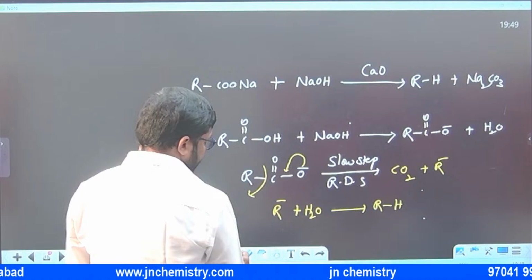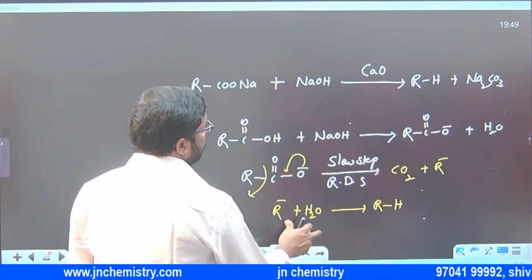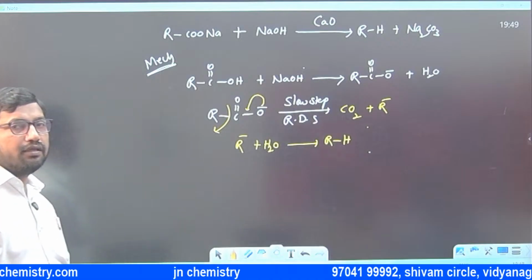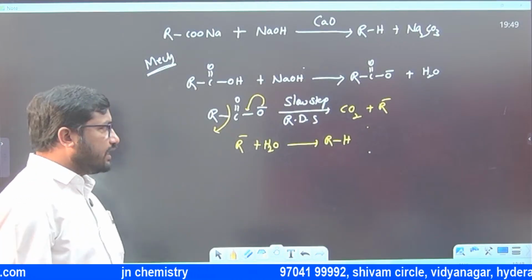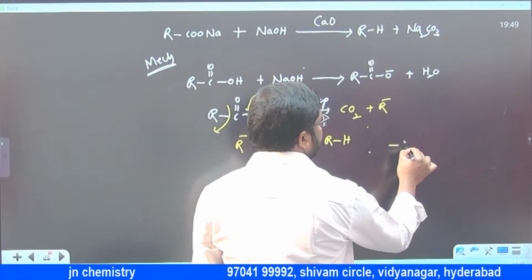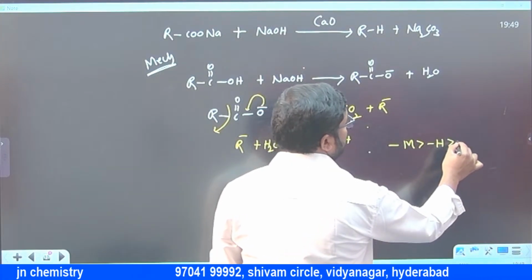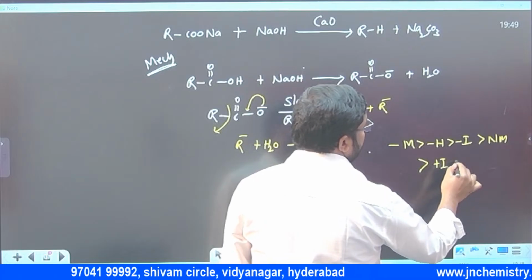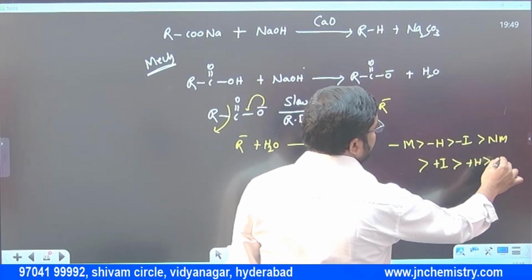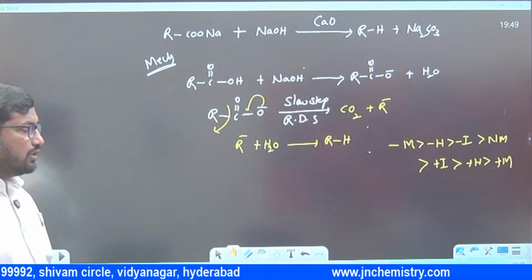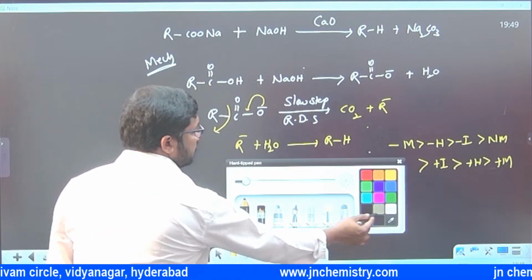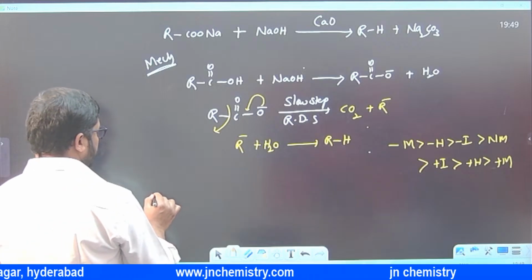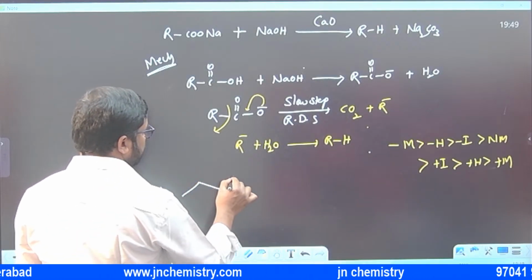Particularly here, what is the intermediate we are getting? Carbanion. Carbanion is more stabilized by which one? Minus M, minus H, minus I, neutral molecule, then plus I, plus H, plus M. Like that. So they are asking the question, which of the following is faster in decarboxylation? Option A, write the question.